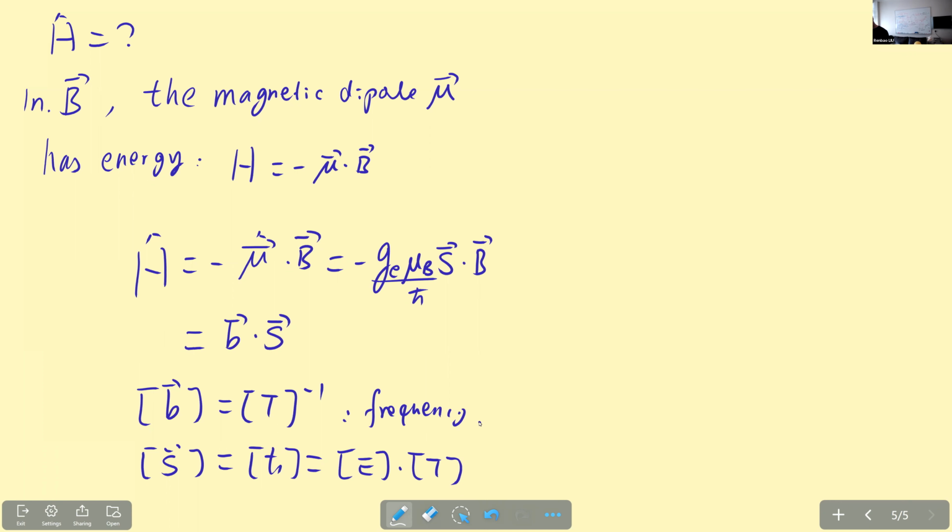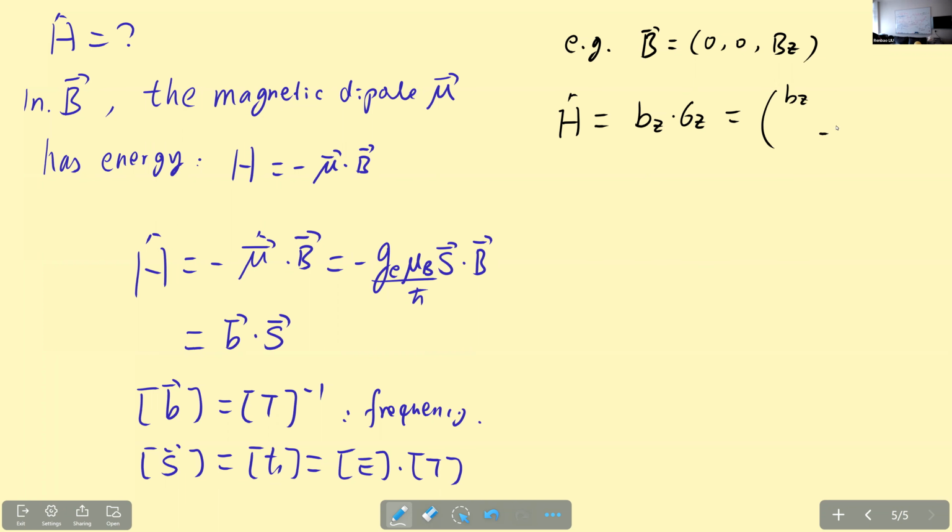Okay, so now we can look at the eigenstates. For example, let's take this B just along the direction Z, right? And then this Hamiltonian will just equal b_z times sigma z. That will be b_z, minus b_z. That is very simple, right?